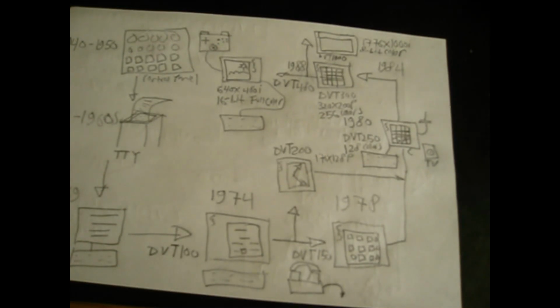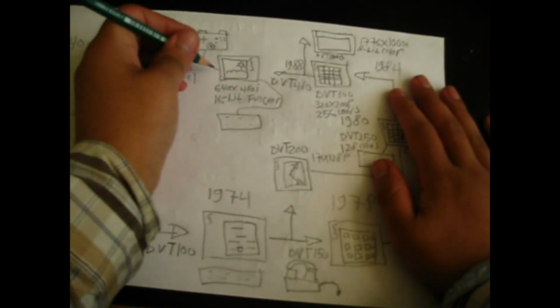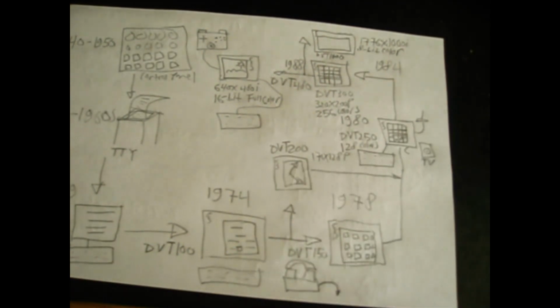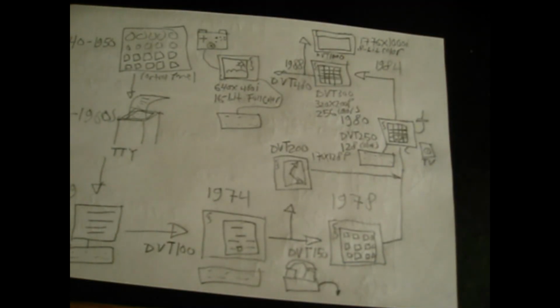Because those could have larger screens and thus, for instance, be able to show larger graphs or larger spreadsheets at once or data sets.